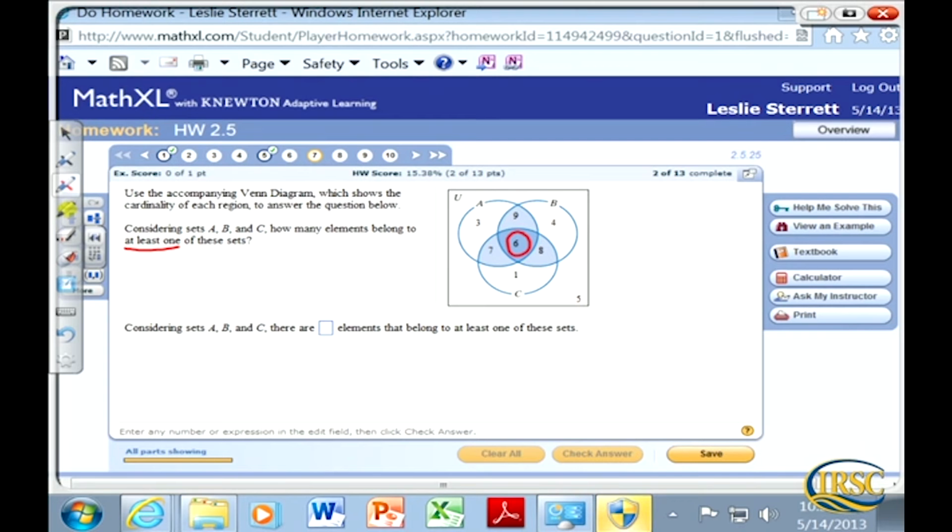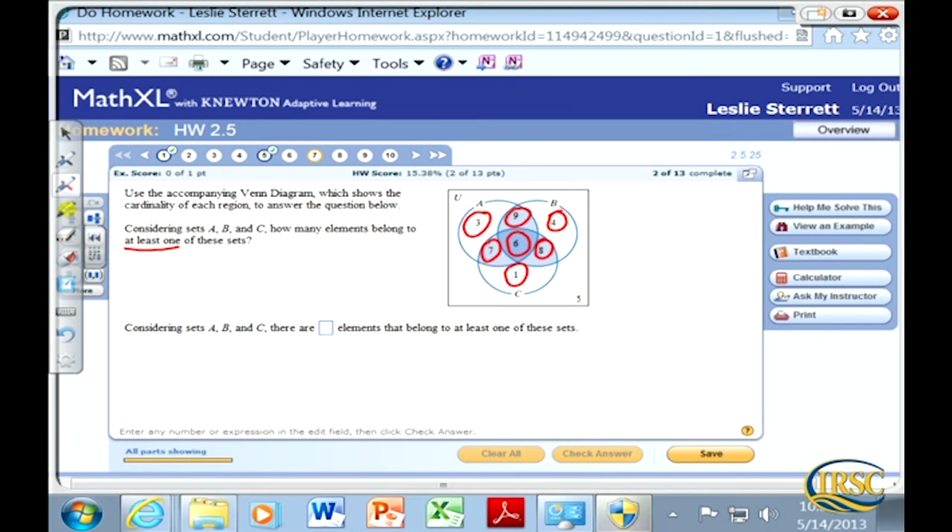So it could belong to only set A or only set B, or it can belong to A and B, or A and C, or it could belong to all three of them. So at least one means that it's actually any of these numbers, because again, at least one means one or more.